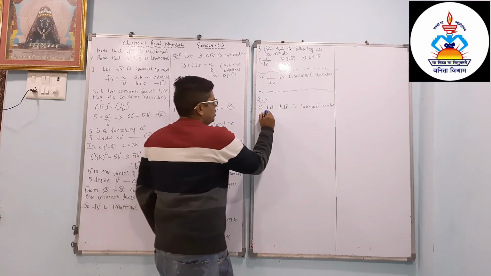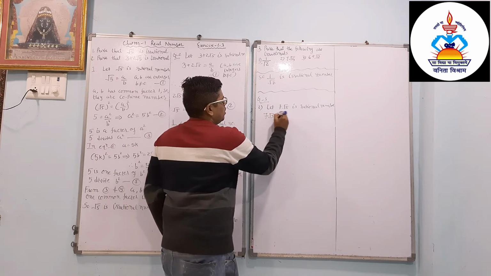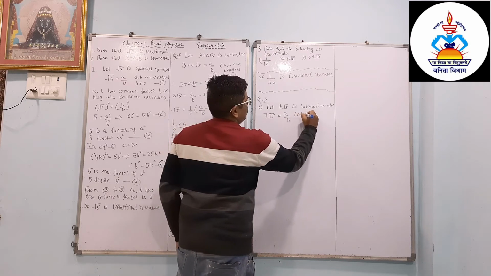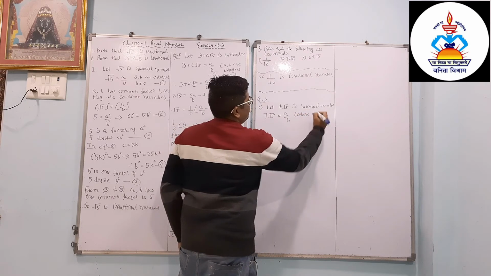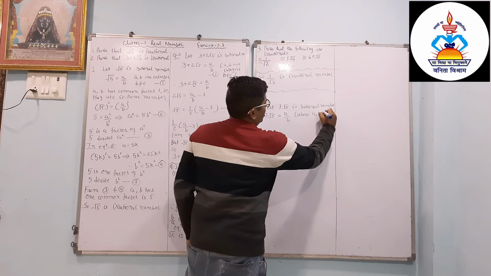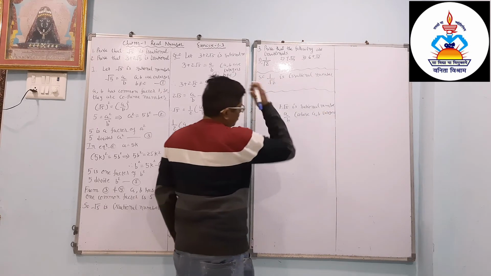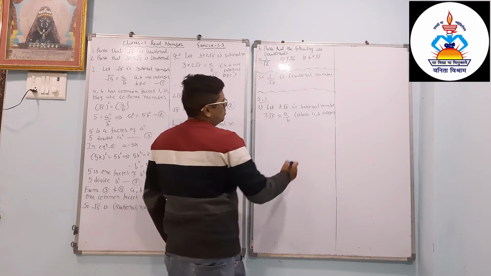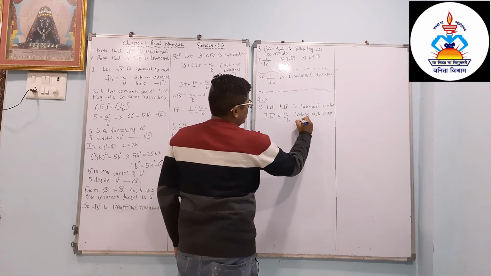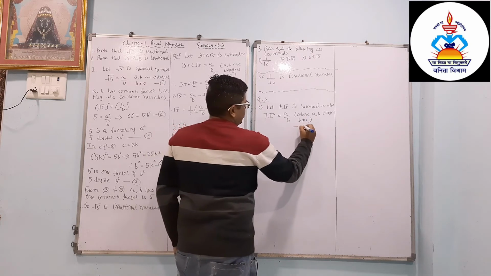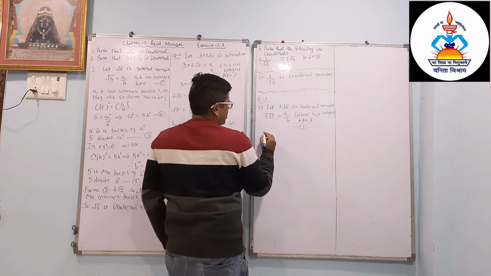So we can write 7 root 5 equals A divided by B, where A and B are integers and they are co-prime, meaning they have only one common factor, 1. B is not equal to 0. This is equation number 1.